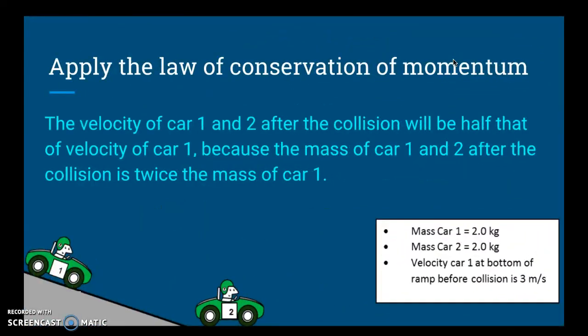You can conclude that the velocity of car 1 and car 2 after the collision will be half that of the velocity of car 1 because the mass of car 1 and car 2 after the collision is twice the mass of car 1. So the momentum here must stay the same. So P is going to stay the same before and after. However, the mass of your cars is going to double once they collide and start moving together. So if I double my mass, I have to halve my velocity to keep my momentum the same, which follows the law of conservation of momentum.